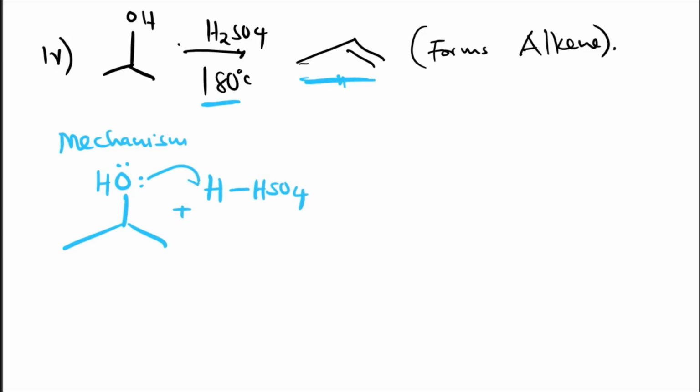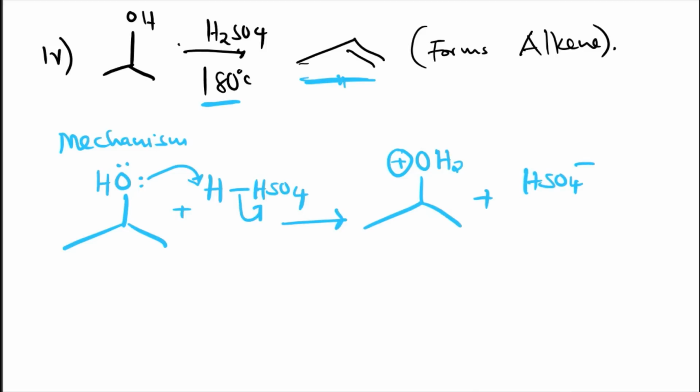These lone pairs of electrons will attack the hydrogen, and then this will be protonated because the oxygen will be attached to 3 covalent bonds, so it will be positively charged, and the conjugate base is negatively charged in solution. This will leave on its own and form a carbocation here.